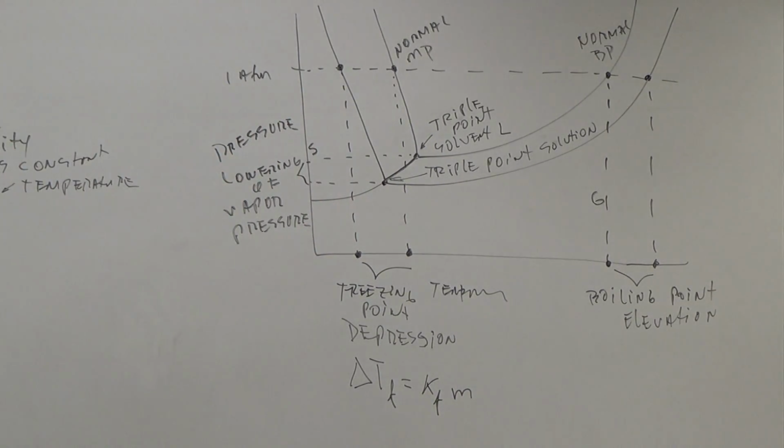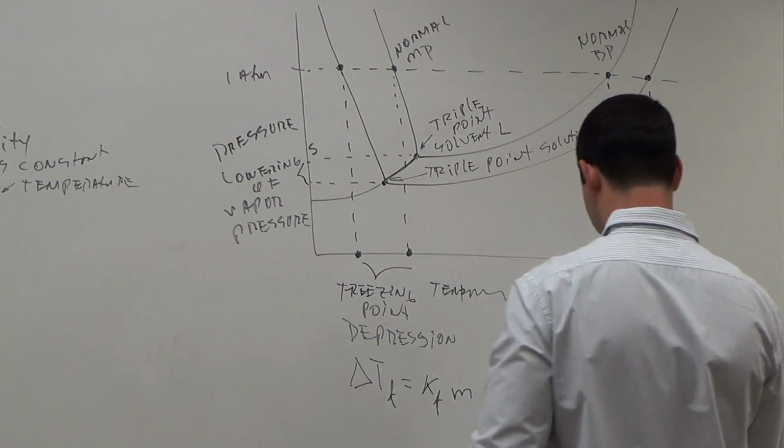And that KF is called the molal freezing point depression constant, okay? It is a constant only for what? For the freezing point depression. I already said it, I'm not going to repeat it.